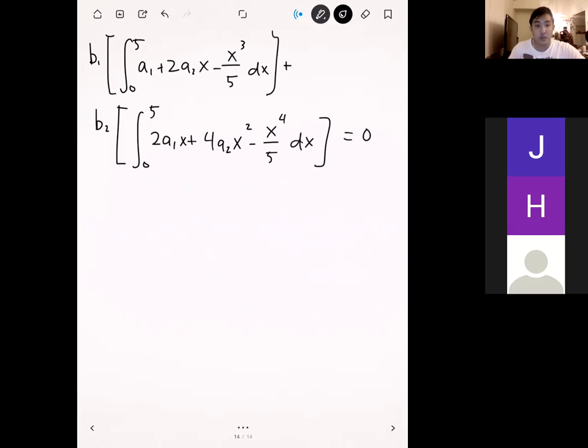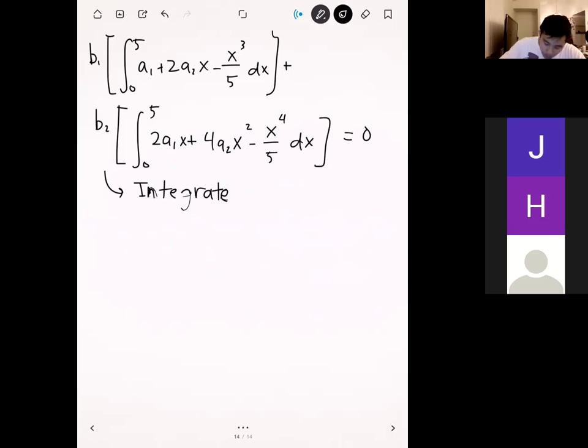And all this is equal to 0. Right? And so once we get to this point, we can finally perform the integration.